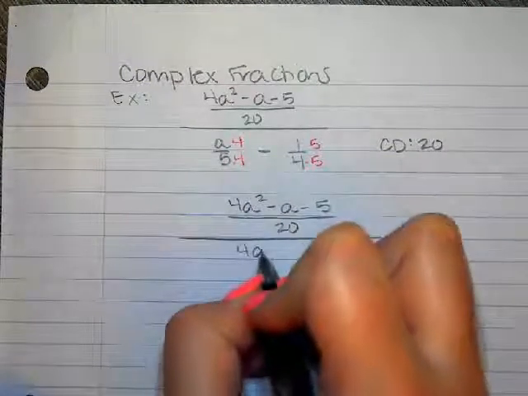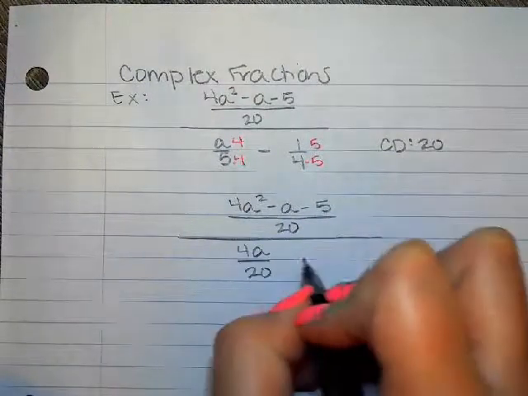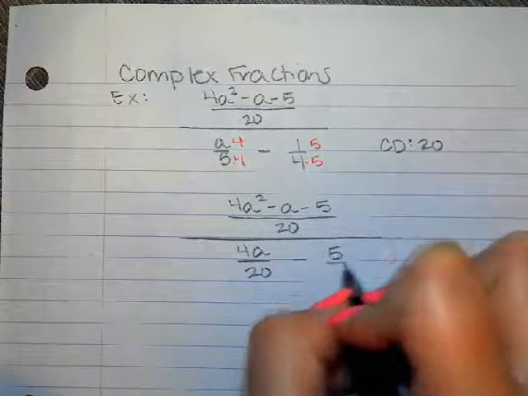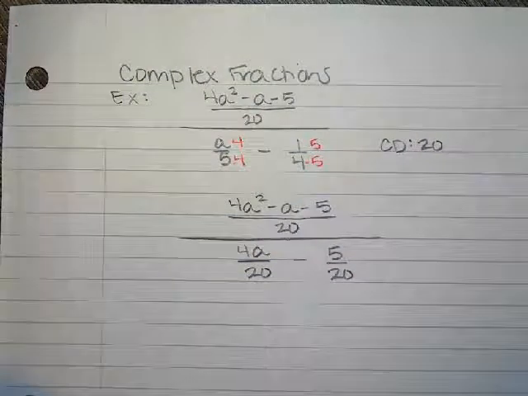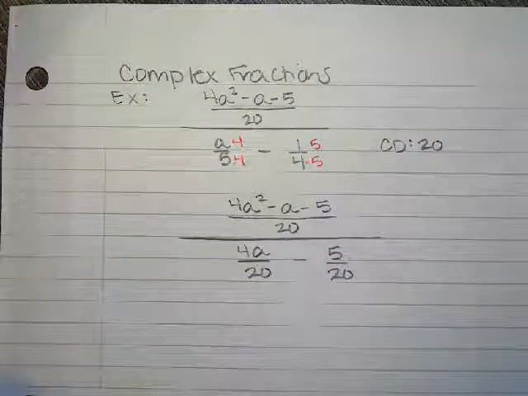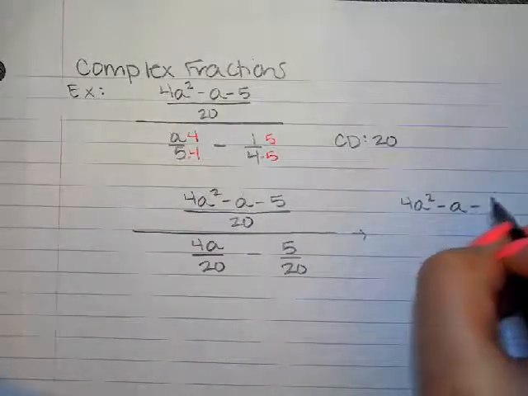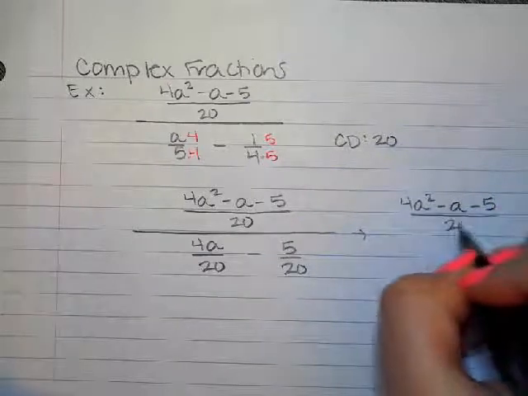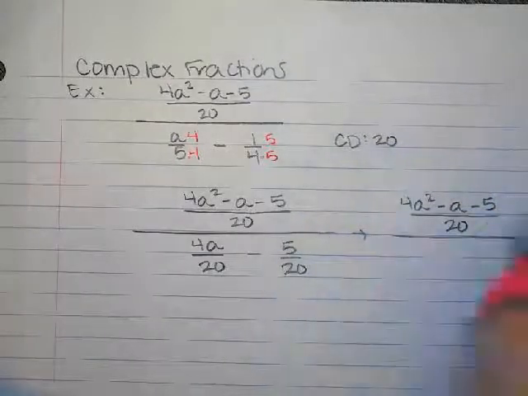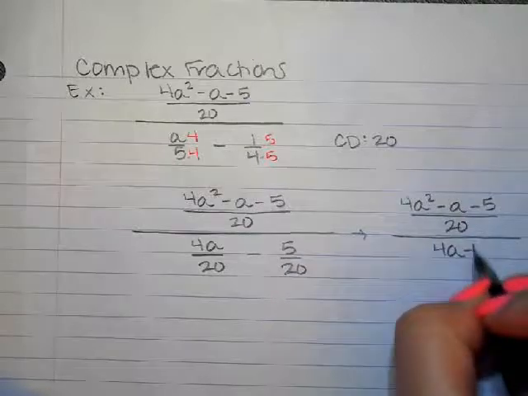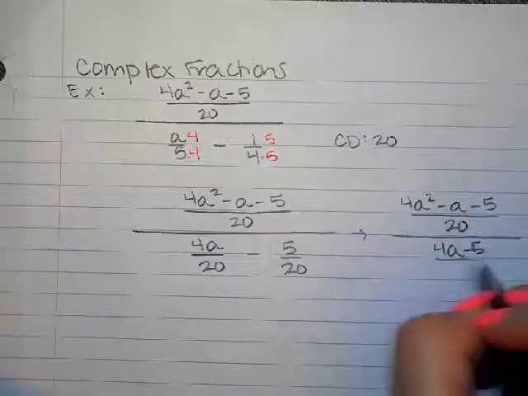So I have 4a over 20 minus 5 over 20, which is a minus 5 over 20, 4a minus 5 over 20.